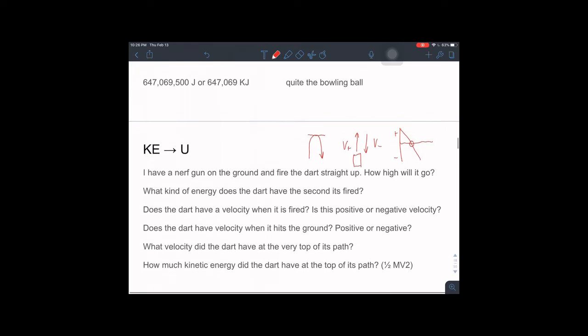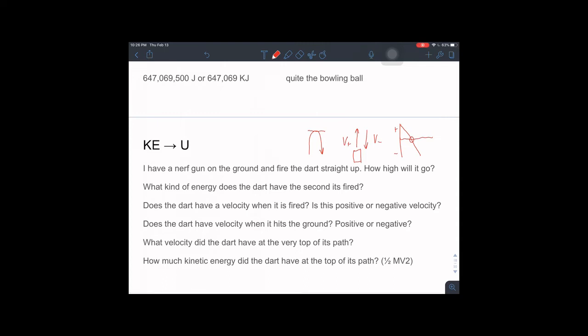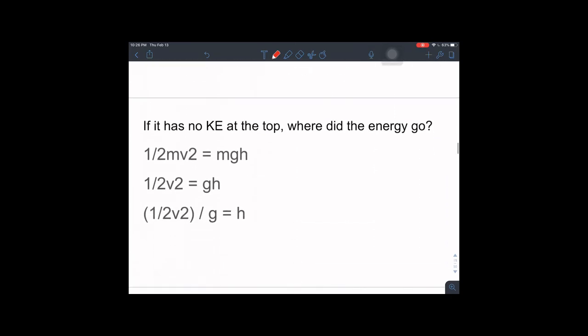If the velocity is essentially 0, we know it has no kinetic energy. But it started with kinetic energy. So where did it go? Energy cannot be created or destroyed. It became potential energy at the very top. If no kinetic energy was at the top, where did the energy go? Into potential energy.